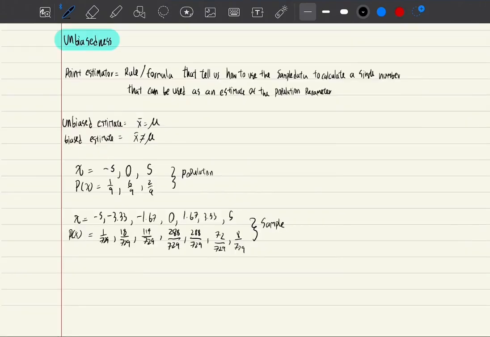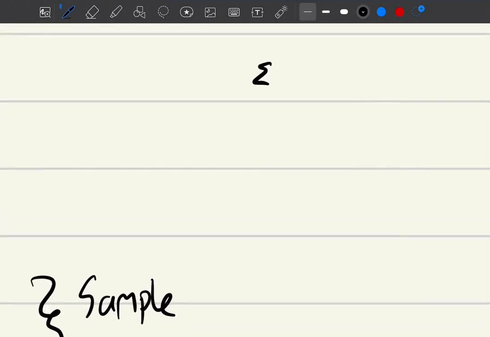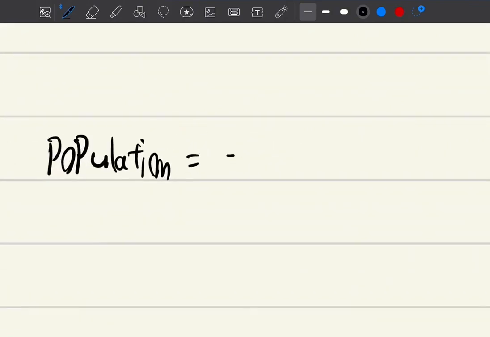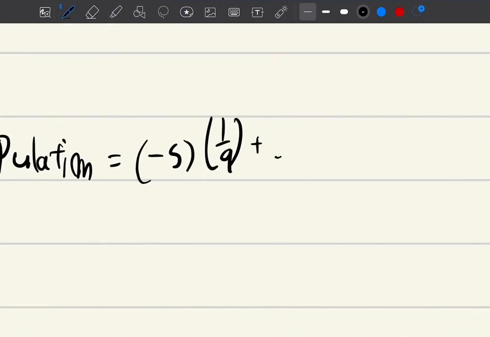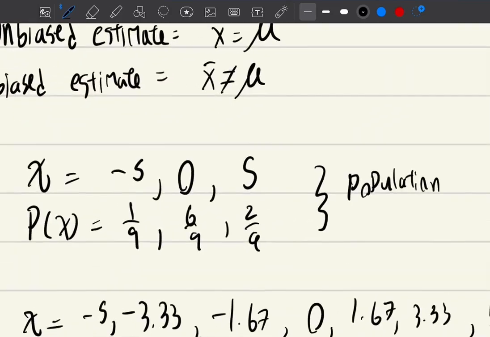When we find the mean for this one, we have to use the sum of x times p of x. So for the population, it will be equal to negative 5 times 1 over 9 plus 0 times 6 over 9 plus 5 times 2 over 9, that is x times p of x, summed together.